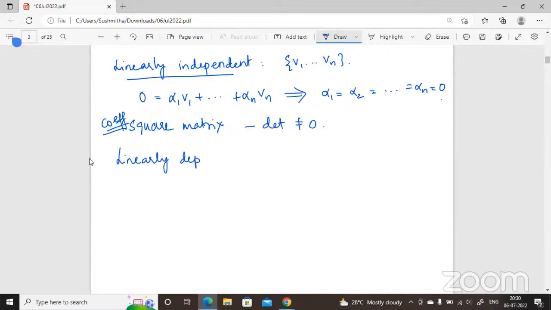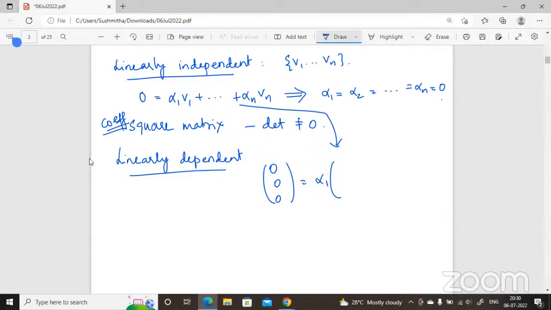Just a question, madam. When we write the coefficient matrix, do we write them as columns or rows in this case? He is asking whether we write v1, v2 till vn as columns or rows.